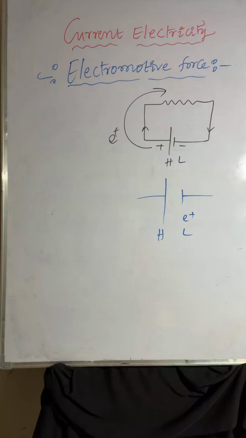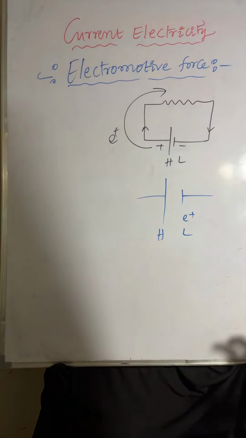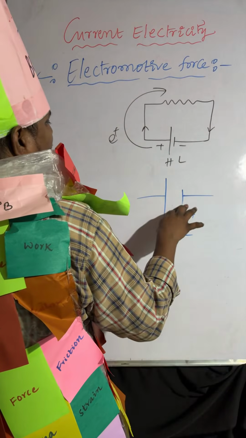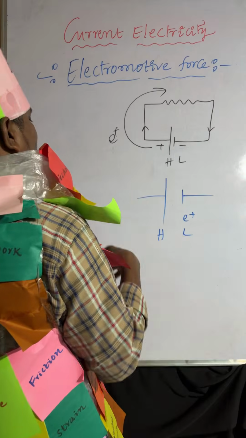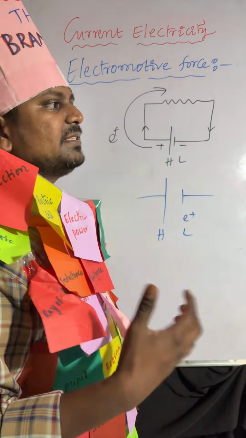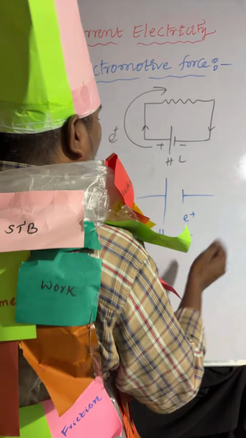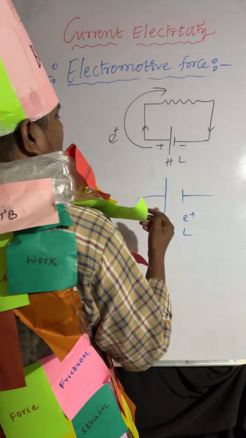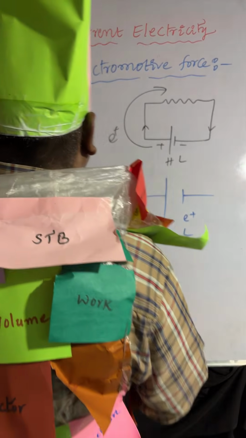The force or influence that makes the positive charge move from low potential to high potential, from the negative terminal to the positive terminal inside the cell, is called electromotive force.